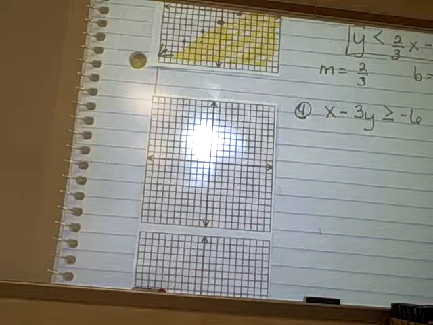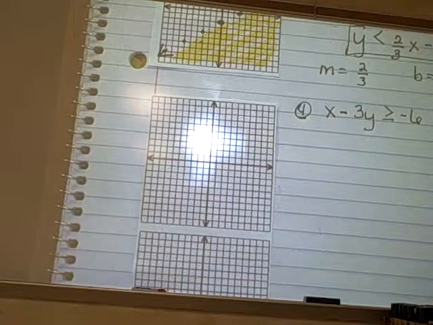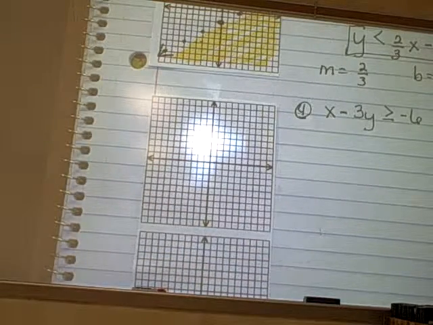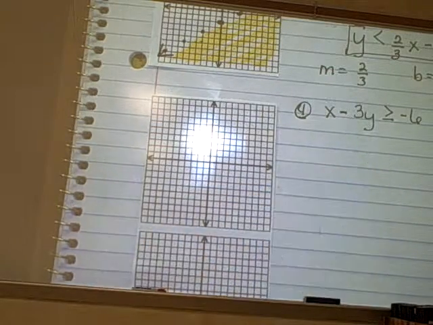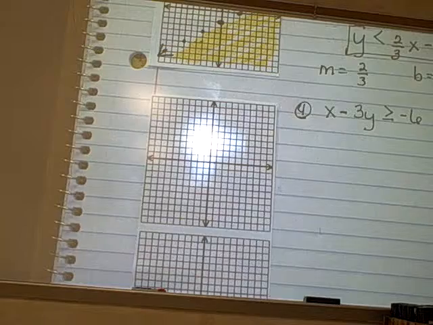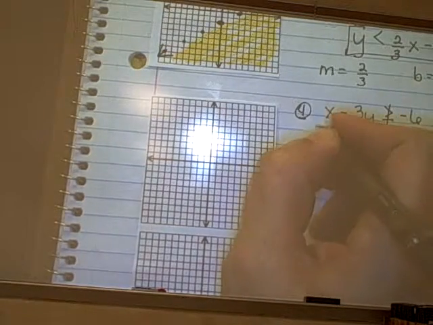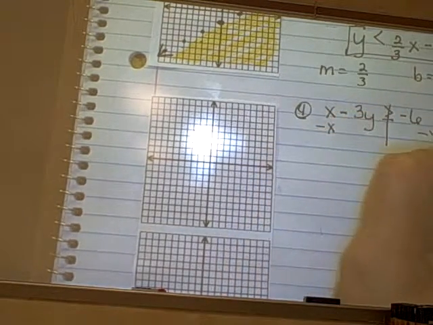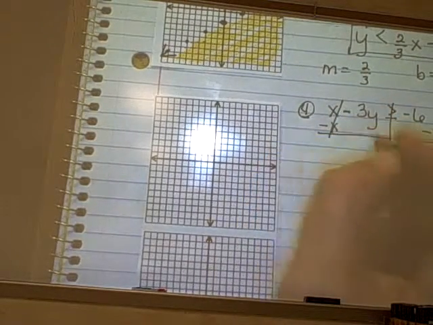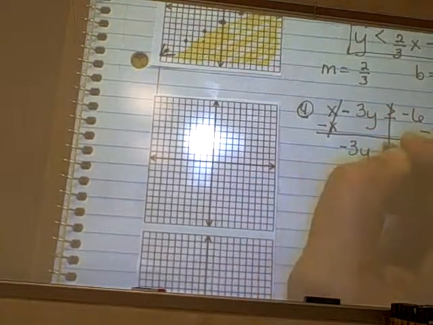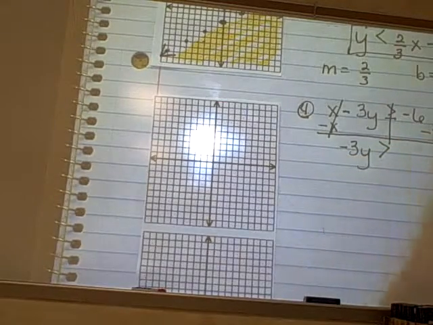So write that down. My goal is to get it in y equals mx plus b. I've got to move everything that's over here by the y away. It's got to go to the other side. So the first thing I'm going to move is this x. And it really doesn't have anything to go with it over there. So that cancels here. I get negative 3y is greater than, what's this going to look like?